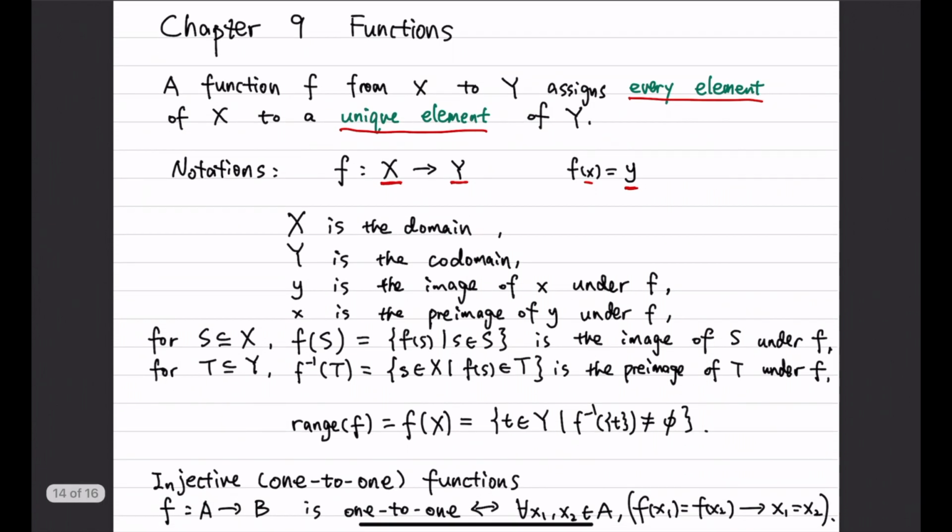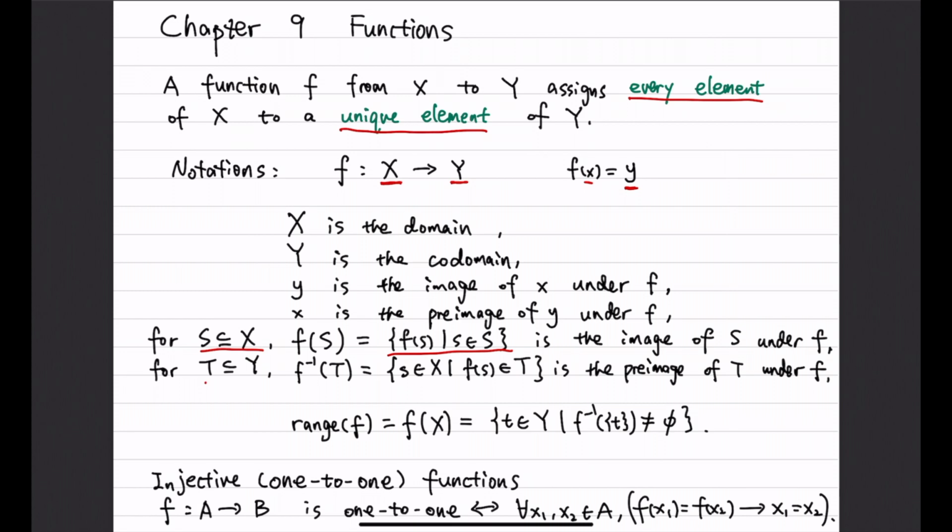The notions of images and pre-images extend to subsets of the domain and the codomain. If S is a subset of the domain X, then f of S is defined as the set consisting of values of f of s, where s are elements of capital S. This set is referred to as the image of the set S under the function f.